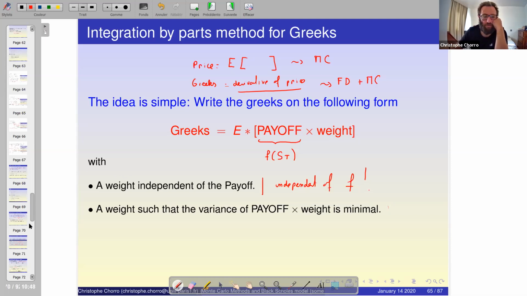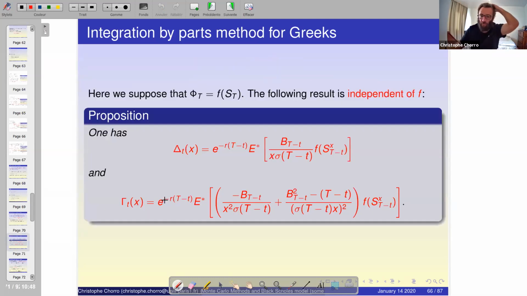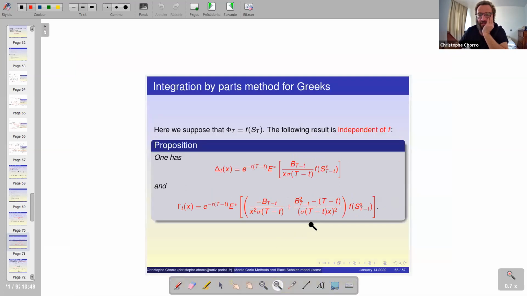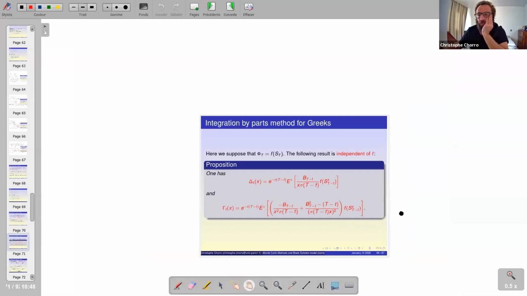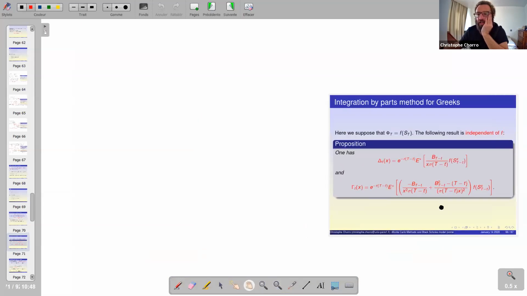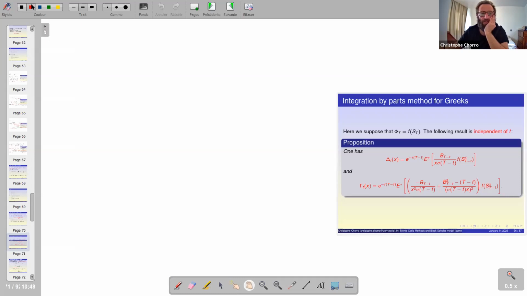Okay, so let's do it. In the Black-Scholes model, I have these very nice results that give you exactly what I want, the following. Let me comment, and I will explain the proof in a few words, because in order to prove it I use very basic arguments.